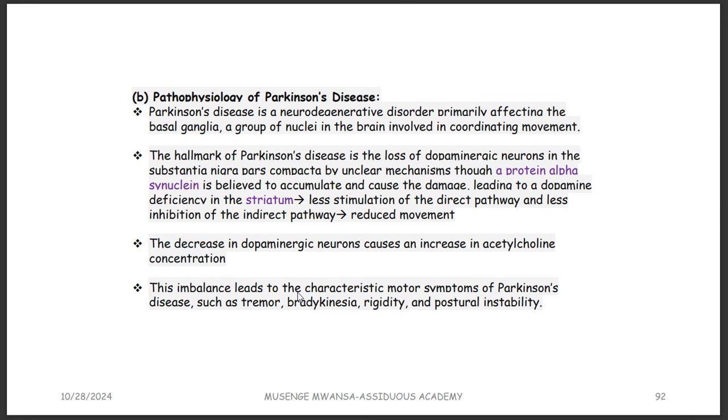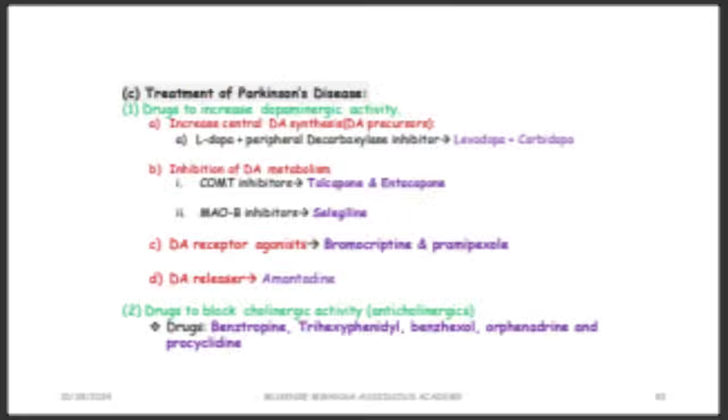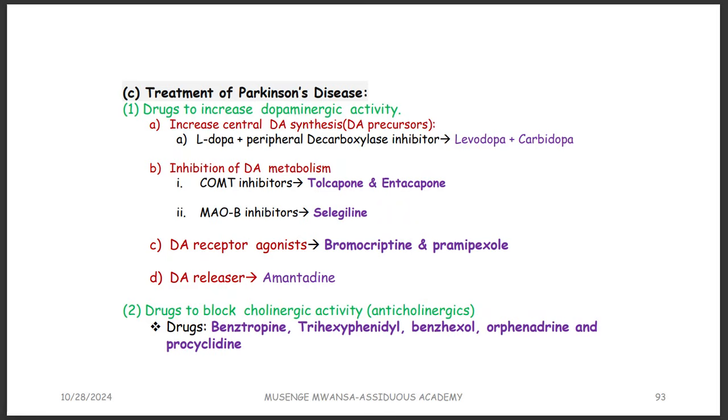This imbalance is what is going to lead to the different characteristics of Parkinson's disease, like the tremors, the bradykinesia, the rigidity, the postural instability. For the treatment options, you can use drugs that increase dopamine activity. For example, you have got those drugs which increase dopamine synthesis, like levodopa and carbidopa, which is the precursor.